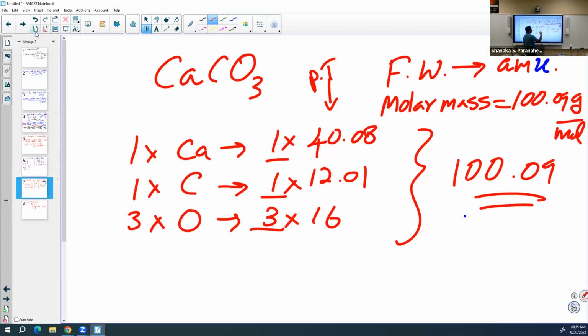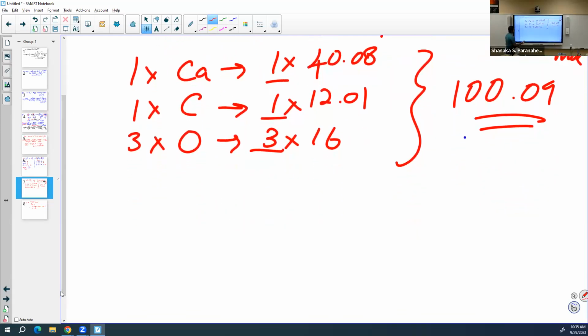That is the difference between formula weight and molar mass. Molar mass is the mass of 1 mole of particles, while this is the mass of 1 molecule. That's why we have 2 different units. You should also be able to do the same thing with polyatomic ions like aluminum sulfate. We did this in class: Al2SO4.